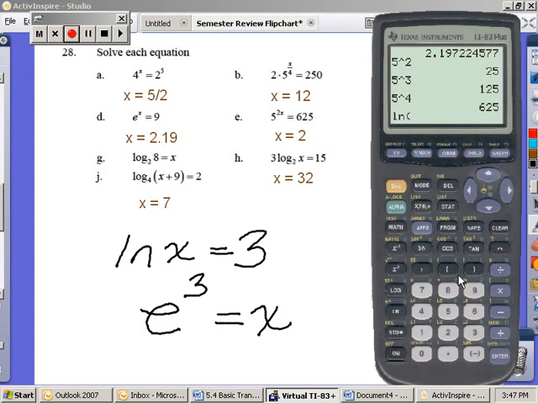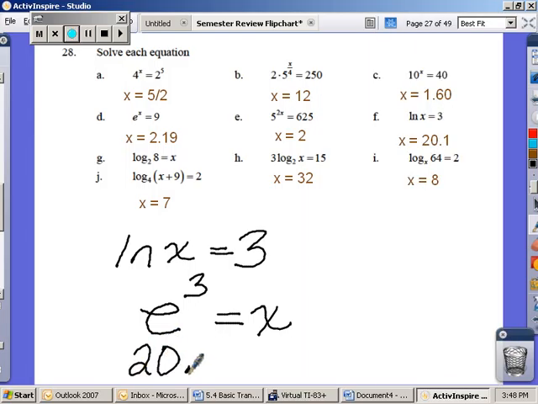The second natural log will give me e. e raised to what power? 3rd power. Enter. 20.1 equals x. Now, when you have the natural log of x equals 3, you first have to decide what my base was, and my base was e.